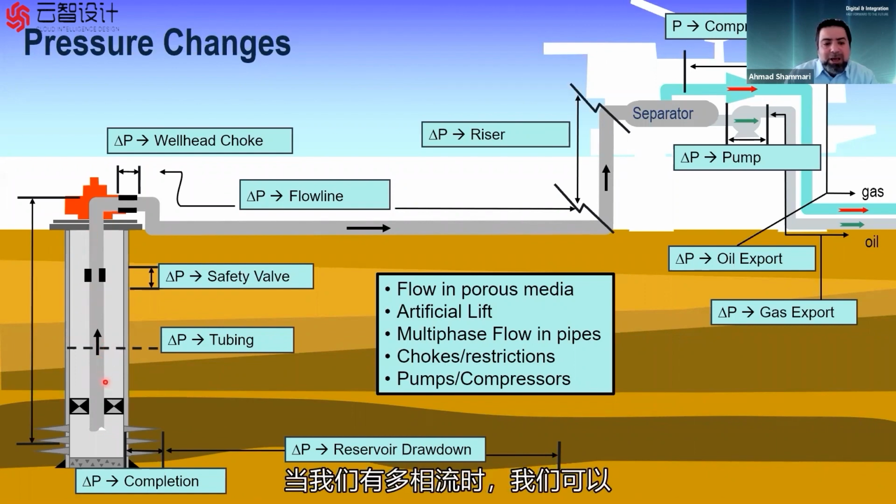As you know, when we have multi-phase flow, we can have all kinds of flow, it could be bubble flow, it could be annular flow, etc. So as you can see here, it's not an easy system. It's a complex system. And because we have hydrocarbon, we have multi-phase that can change along the flow path. And that's why you really need a powerful tool, a powerful simulator, to model this multi-phase flow.